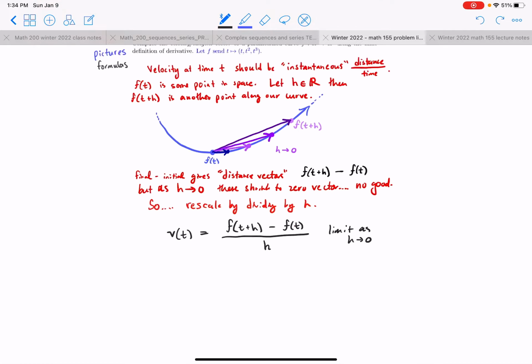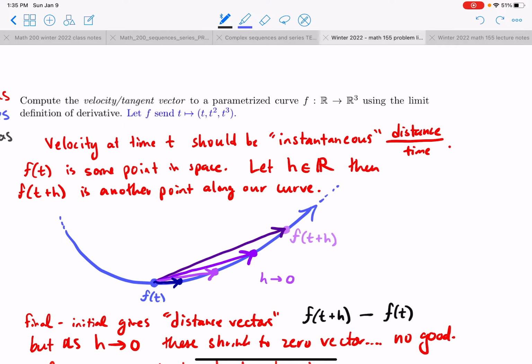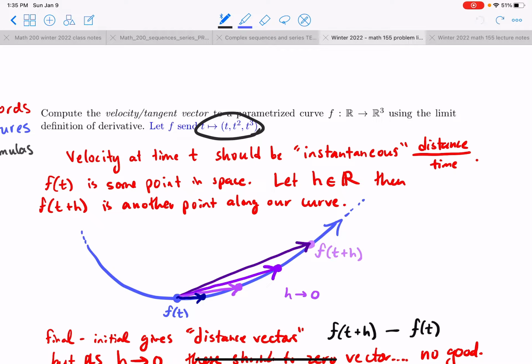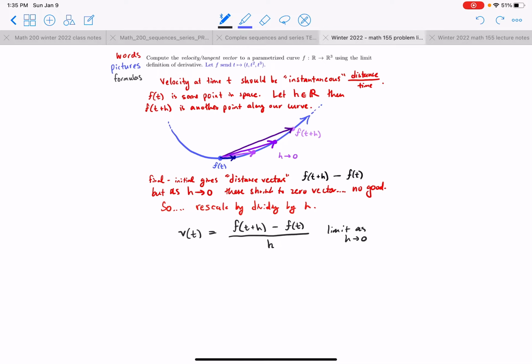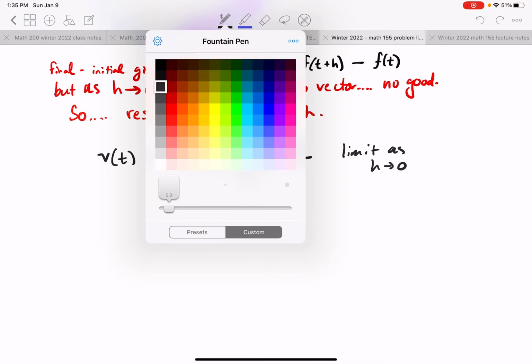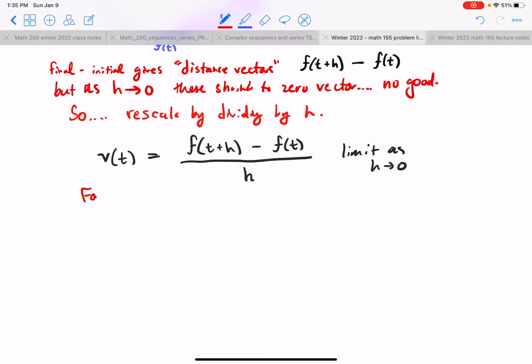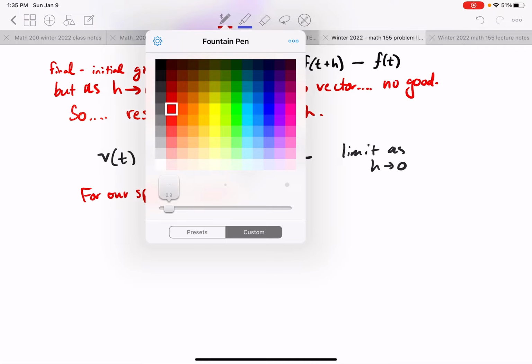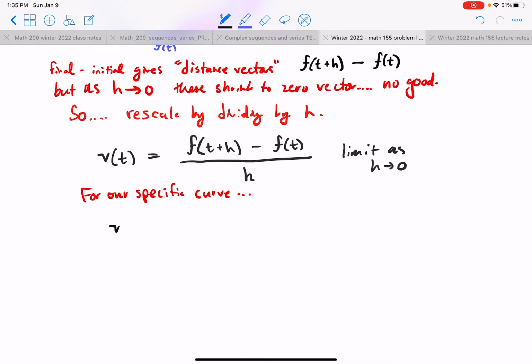So what is this? So, in our specific formula, this is a very specific curve. Now let's go back to formulas. V of t is, okay, what's f of t plus h, and what's f of t?